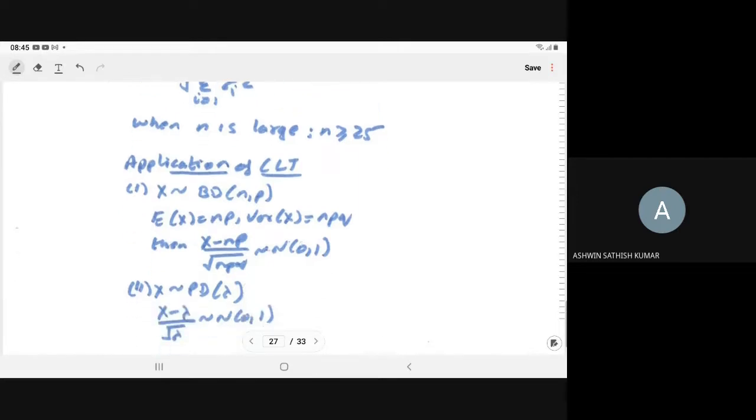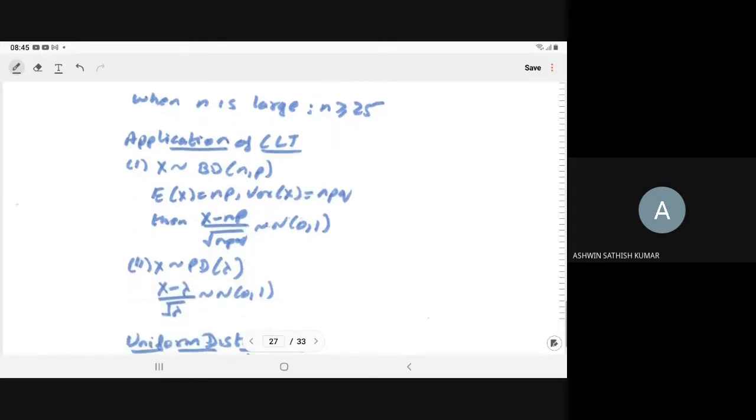So, for example, if x follows the binomial distribution with parameters n and p, we know that for the binomial distribution the mean is np and the variance is npq.